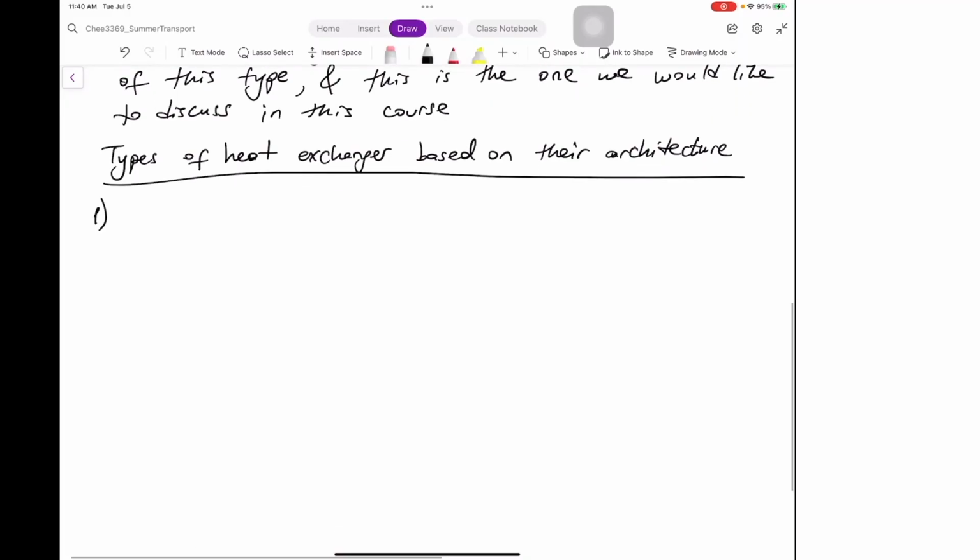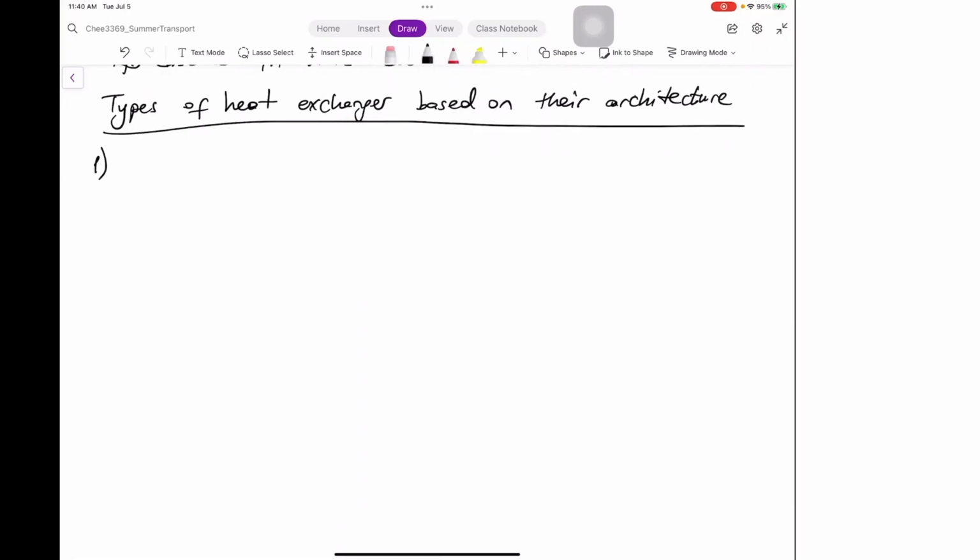So one of the common ones used in the industry are called double pipe heat exchangers.